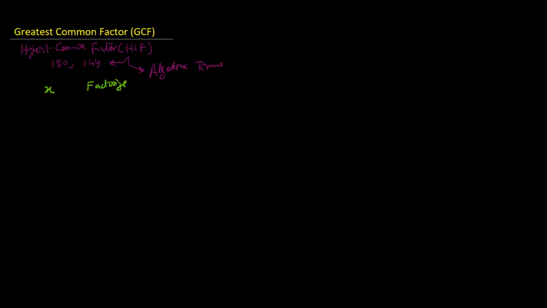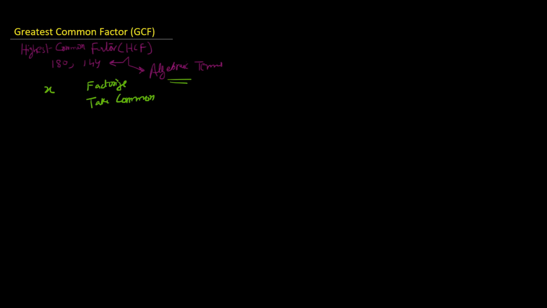And during the factorization process, we have to take commons. And when we take common, we want to take the maximum number which is common between two numbers or between two algebraic terms. So these are the different situations where we find this concept and this method helpful to quickly find out the greatest number which is common between two numbers or between two algebraic terms.